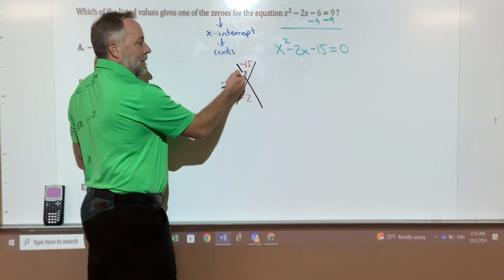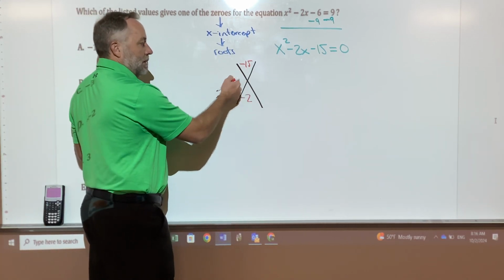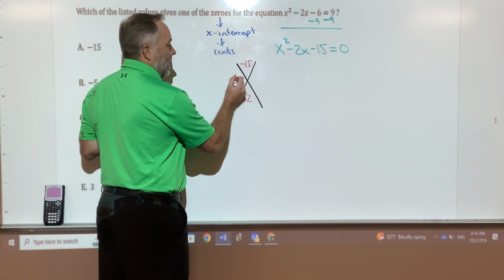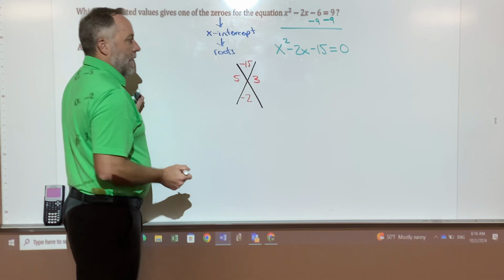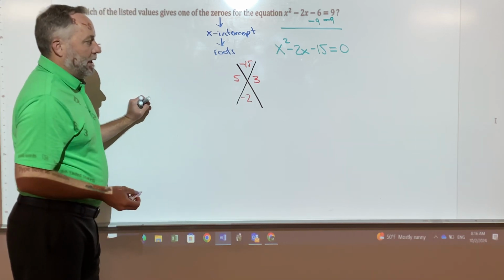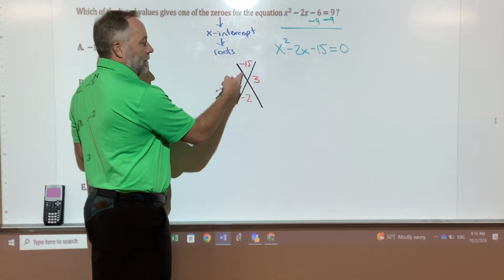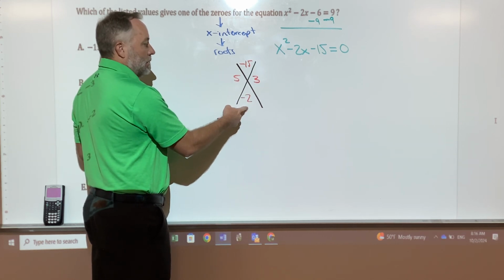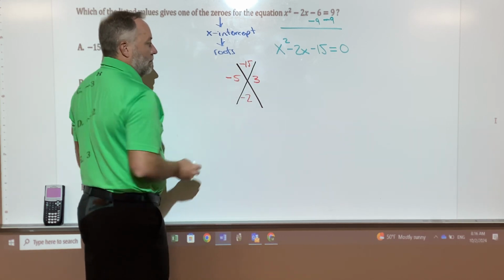If the product is negative, these 2 values have to be different in sign. So if I look at this, I can say, all right, well, 5 and 3 are 2 factors of 15, but it has to multiply to be negative 15, so one of them has to be negative, and it has to add to be negative 2. So I need the 5 to be negative 5.